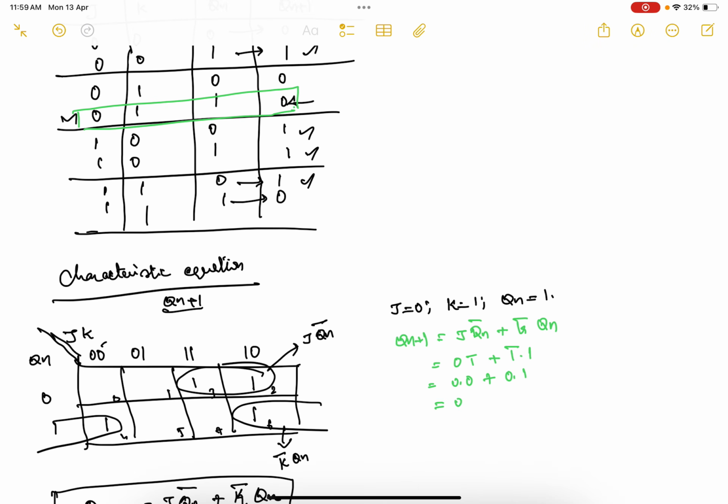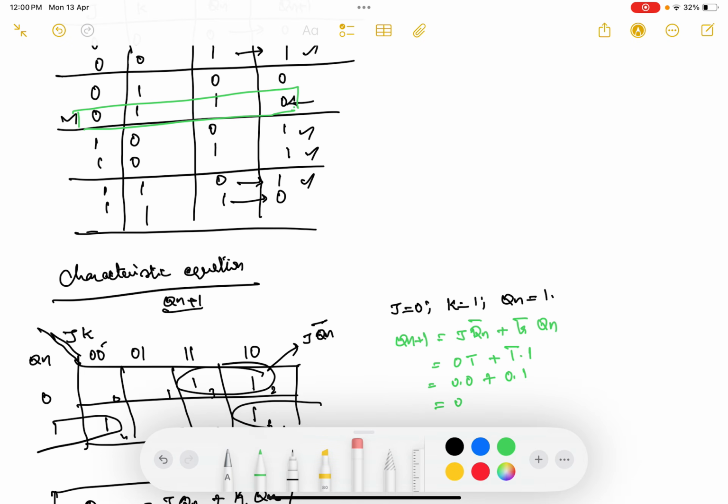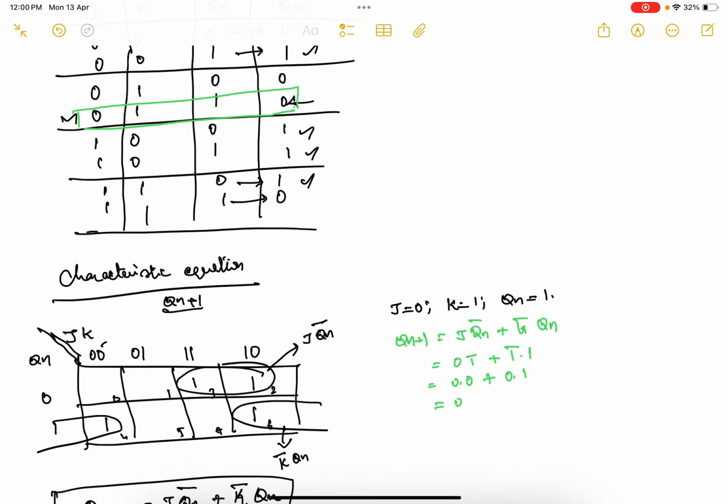So your output will be 0. So already we got the output as 0, so our equation is satisfying. For better understanding, I will remove this. Okay, done.